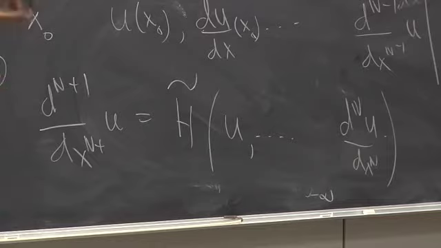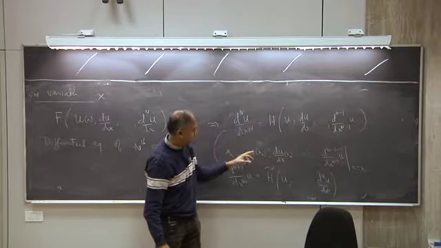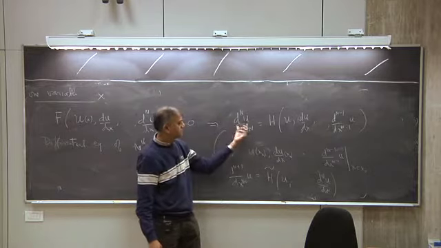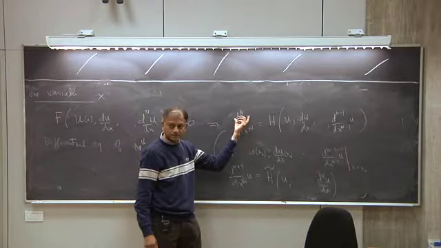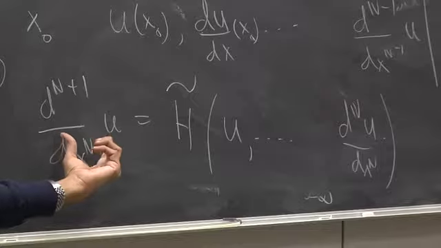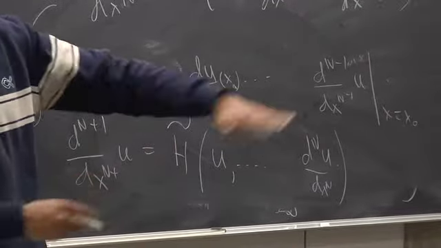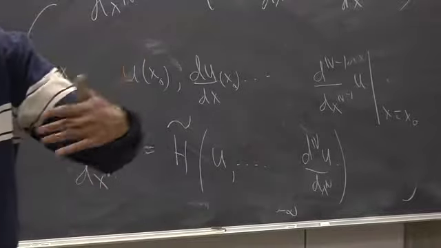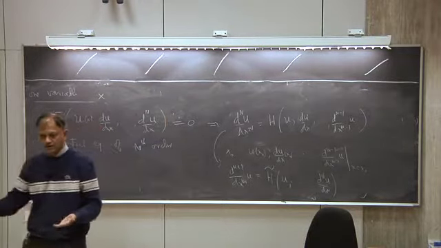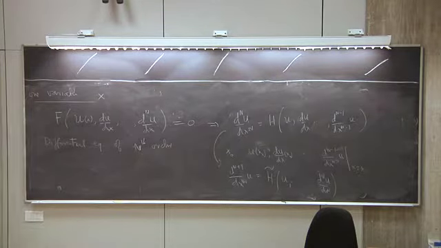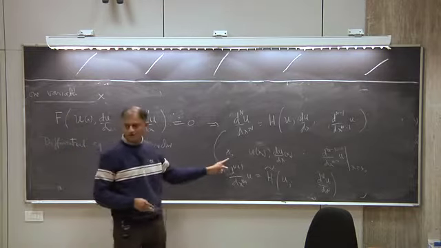The point here is that if somebody gives me this data, I use this equation to determine the nth derivative. Then I use this equation to determine the (n+1)th derivative, and so on. So all derivatives I can determine, to as much accuracy as I want. And that means I should be able to find a solution in the neighborhood of x naught.